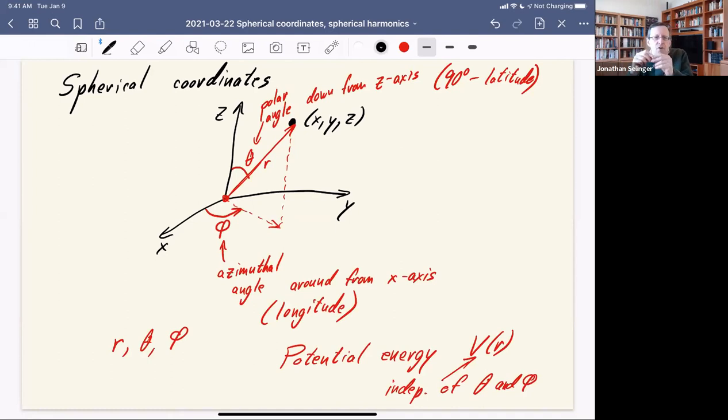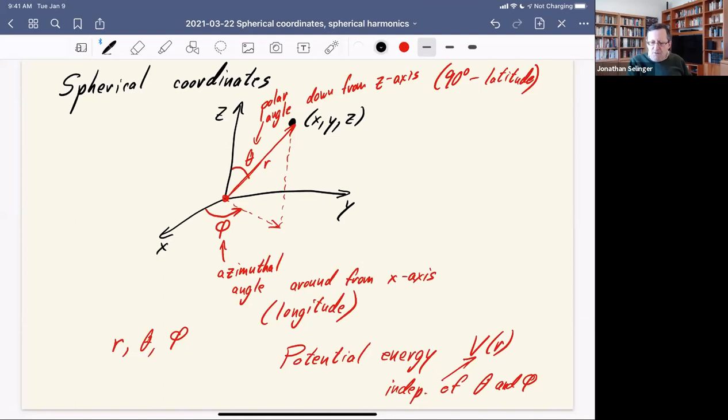For example, if an electron feels the Coulomb attraction toward a proton, then the potential energy for the electron depends on the distance from the proton, but it doesn't depend on the direction. Right? And so that's a big class of problems where the potential energy only depends on the distance from the origin and nothing else.